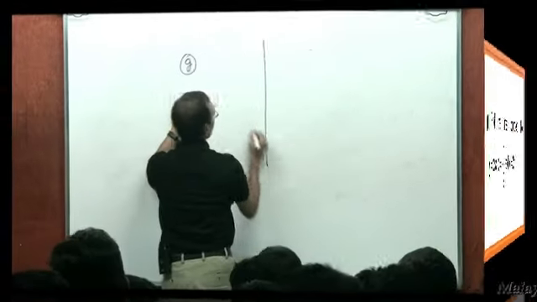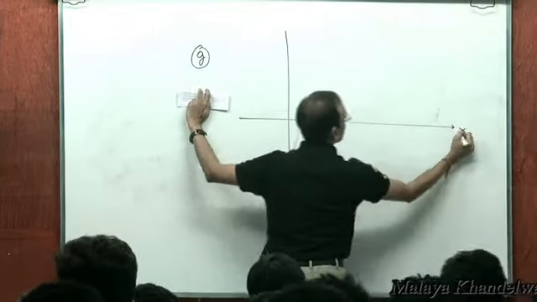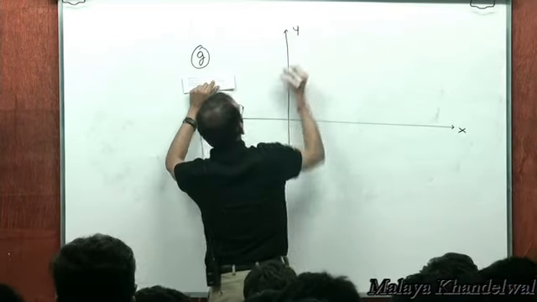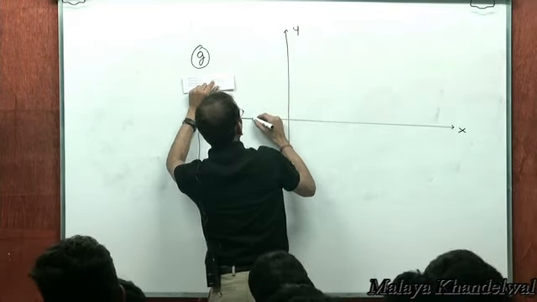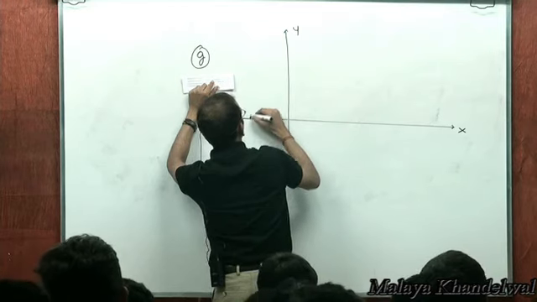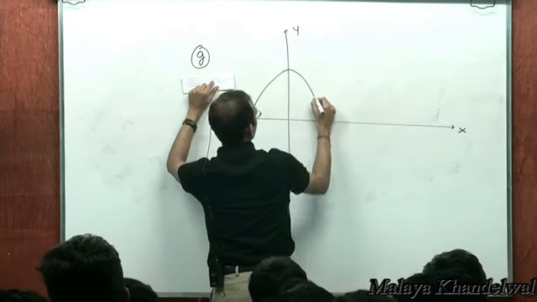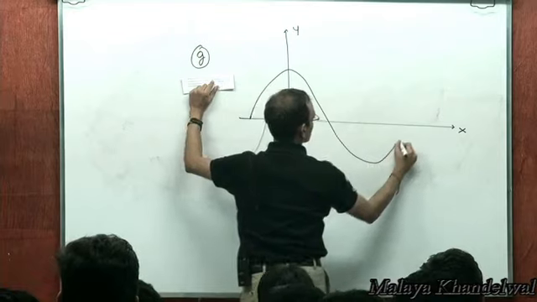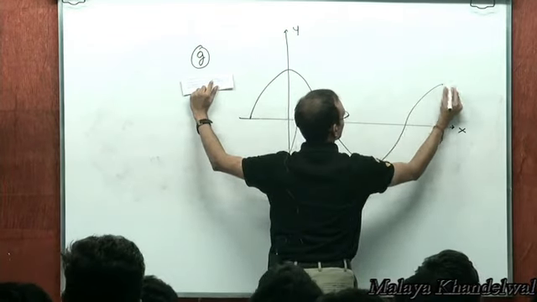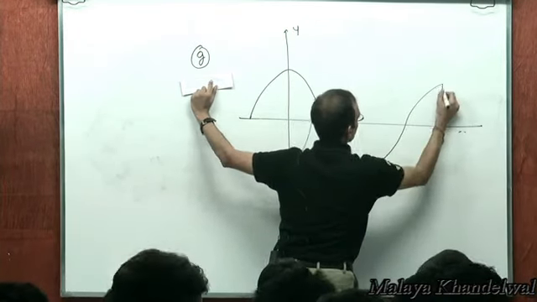Find the area bounded by y equal to cos x from x equal to 0 to 2 pi.